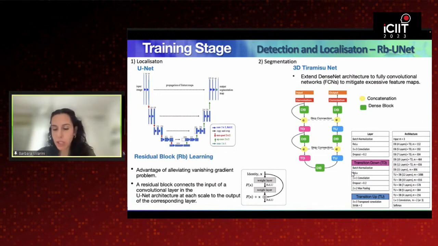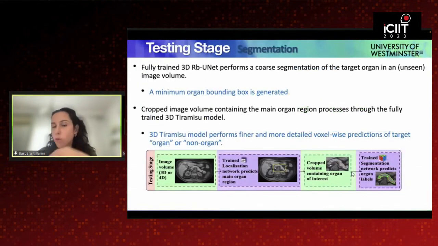Now, I won't go too much into detail about the architecture. We have some papers where you can have a look at the details, and also all the code is open source and fully accessible.